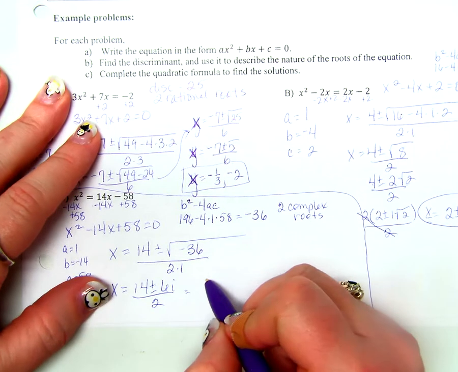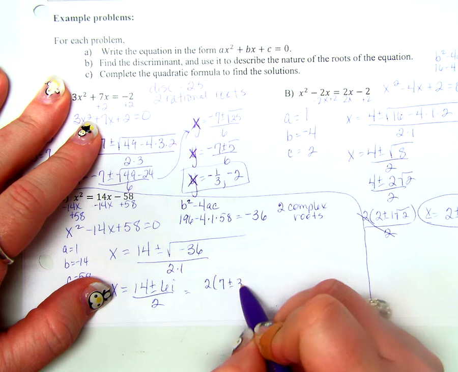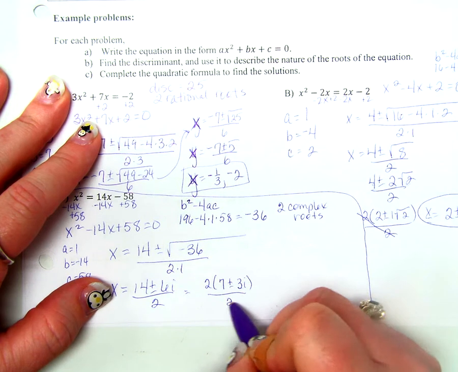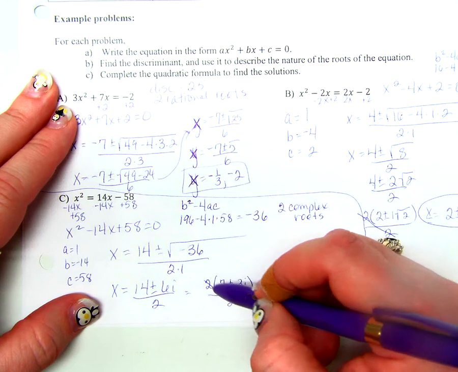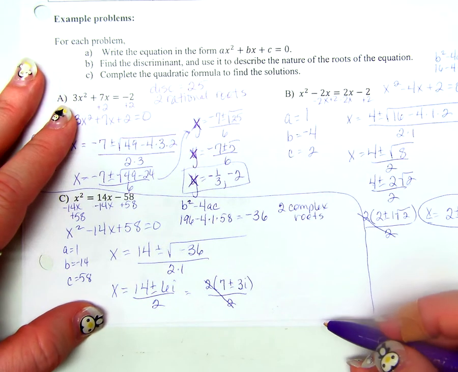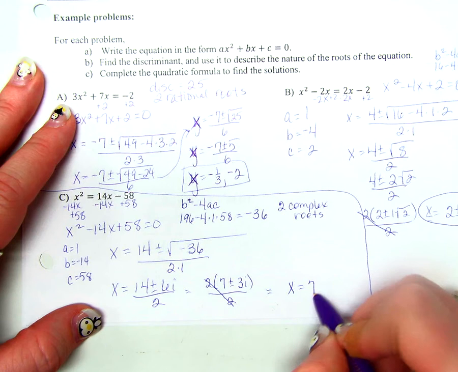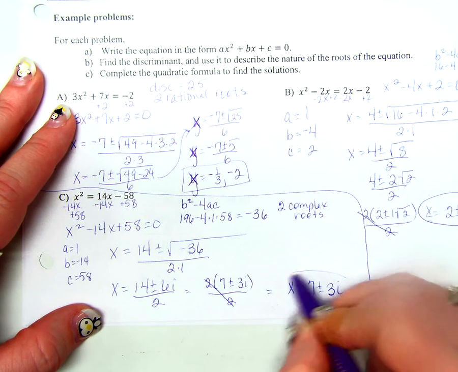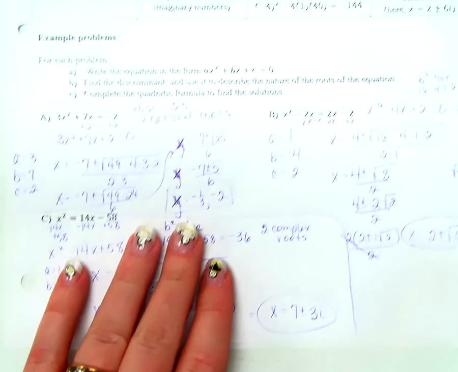Okay, so if I factor out a 2 from the numerator, I'm left with 7 plus or minus 3i. Right? And what can happen to the 2's? They simplify to 1, right? So my answer is just x equals 7 plus or minus 3i. Got it? Any questions? Okay.